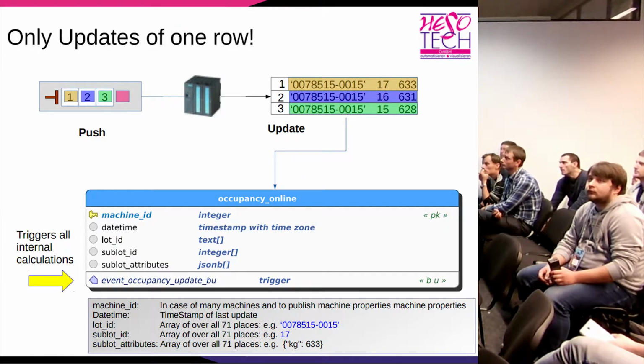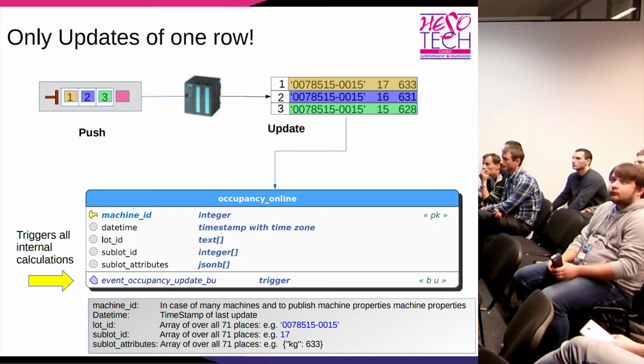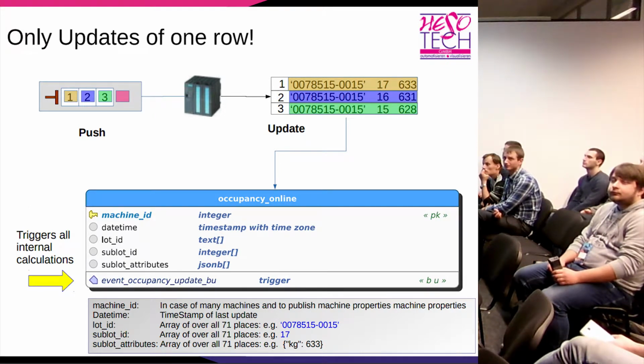Now that is one table, and each machine has one row in this table, and the only thing we are doing is updating this in a cyclic period. After each push, we update it, nothing else.